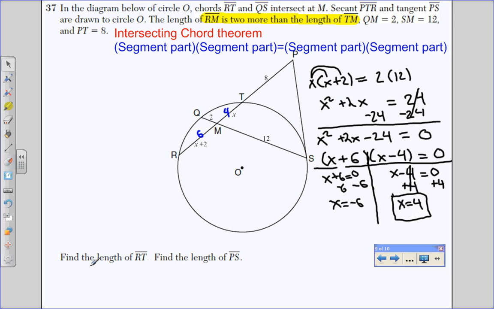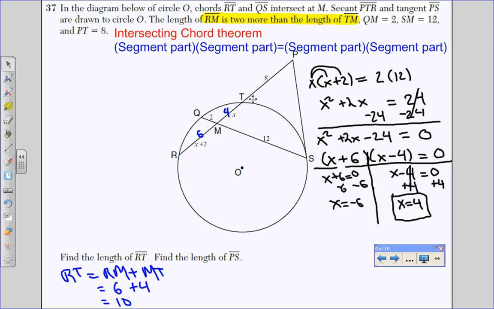So, what is RT? Well, RT is RM plus MT, and that's 6 plus 4, which is 10. So RT is 10.